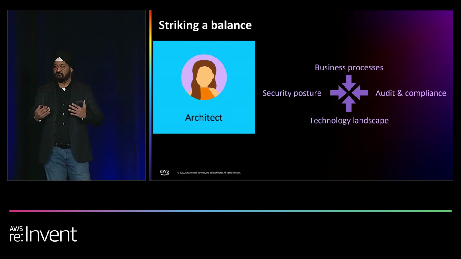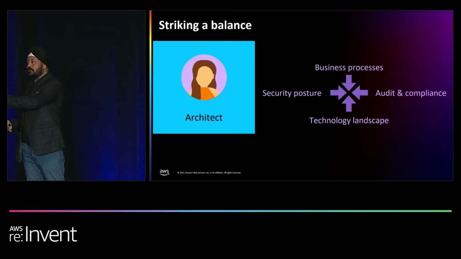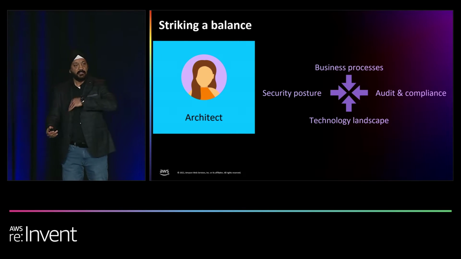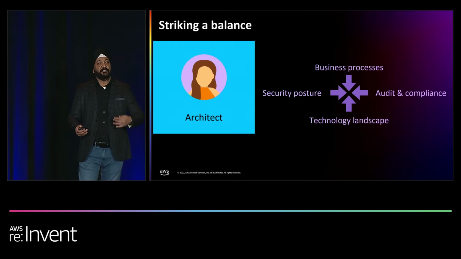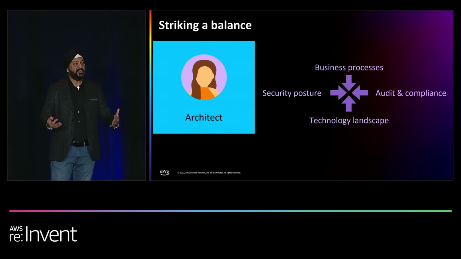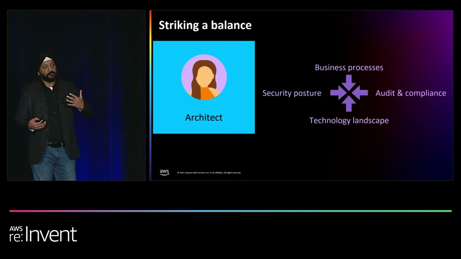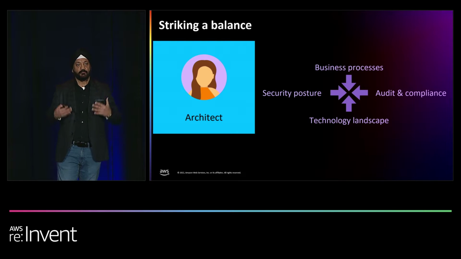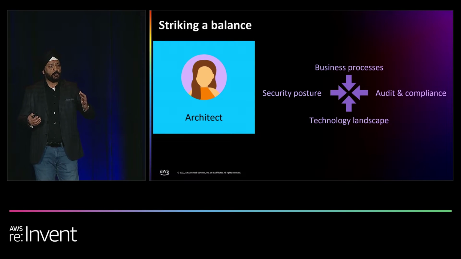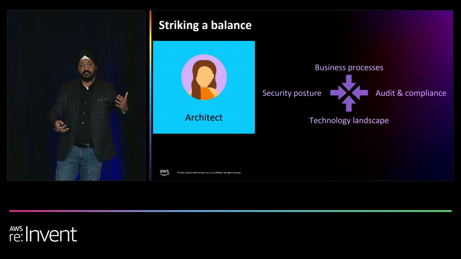Architects. Whether in your organization that architect is a cloud security architect, or in your organization that architect is just a security architect, or in another organization the architect is an enterprise architect wearing multiple hats. But at the end of the day, these architects are defining those strategic visions, right? Where they want to take the organization from a technology and architecture standpoint. And they are trying to strike a balance, much more strategically, on how to simplify the business processes, make it easier, again, for their end users, business users, right?